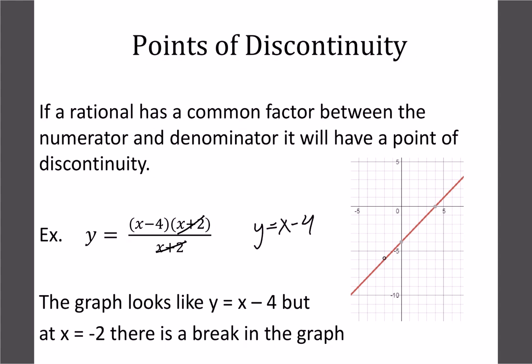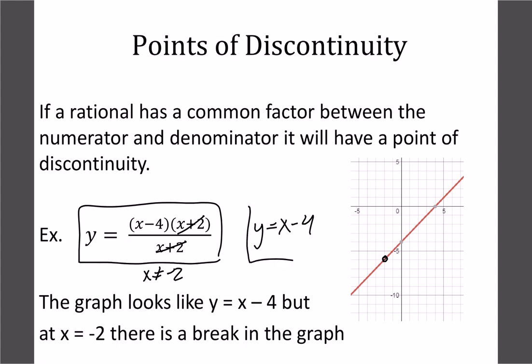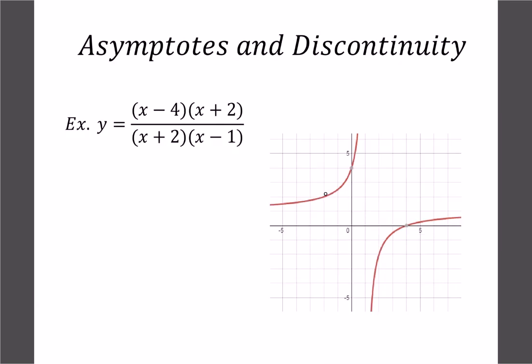That graph is just a straight line like I've shown, but we still know that x can't equal negative 2, so we show that as a little bullet hole on the graph. The original equation is exactly the same as x minus 4, except we don't have a point that exists at negative 2. Typically your graphing calculator won't show that, so we have to understand it manually so that we can draw it in if need be.